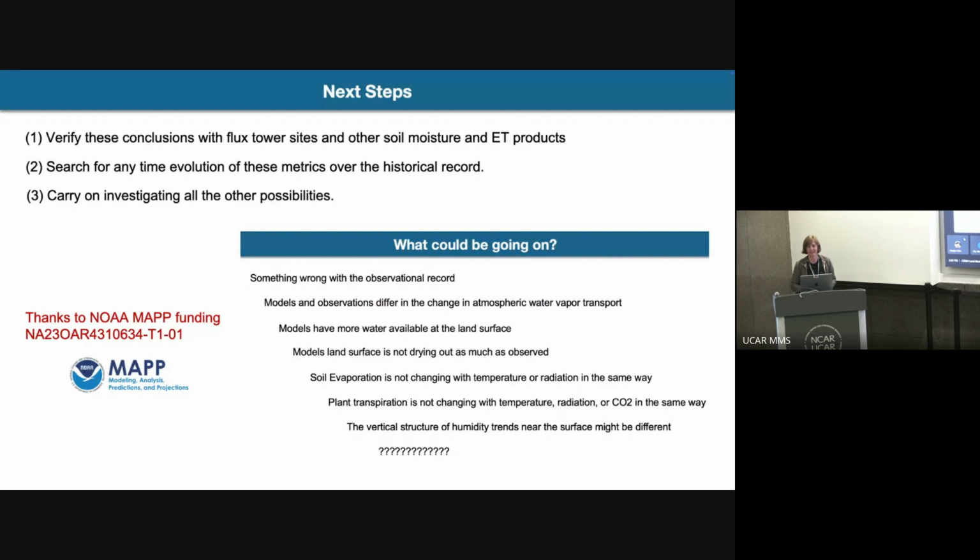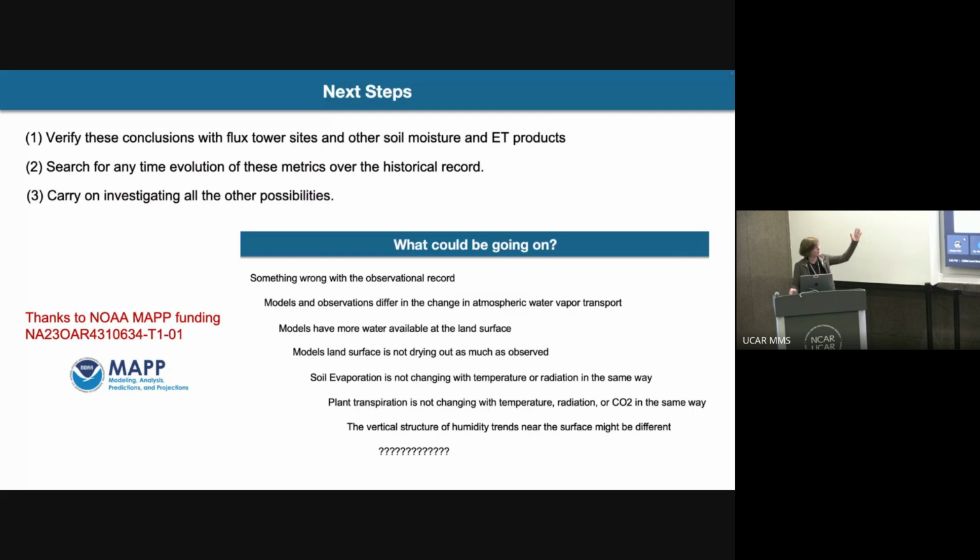And I think that's the one that's going to be hard to get at with any kind of variability diagnostics. My feeling is that so far everything's pointing towards there not being a problem with the water limitations and there not being a difference in how soil moisture is declining.